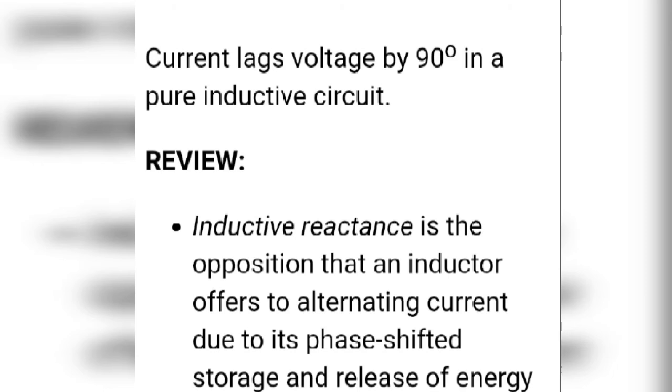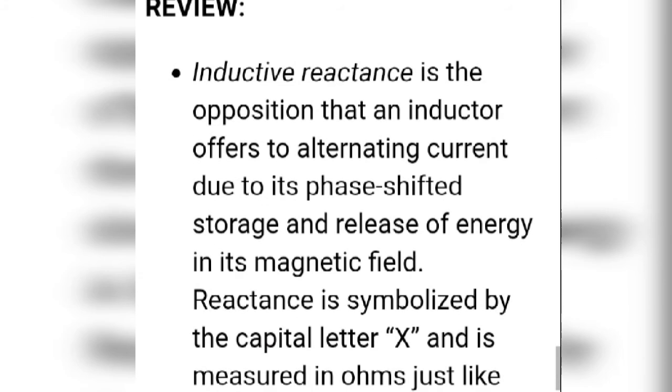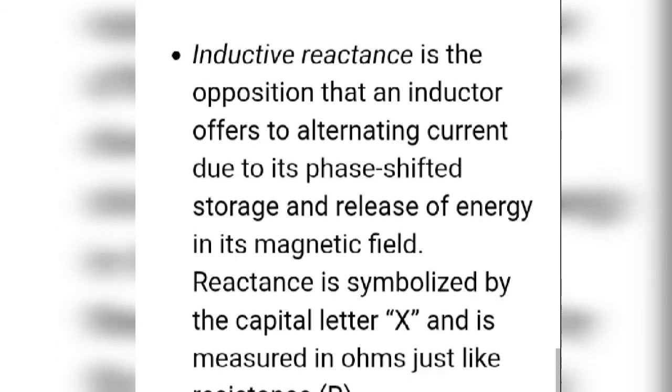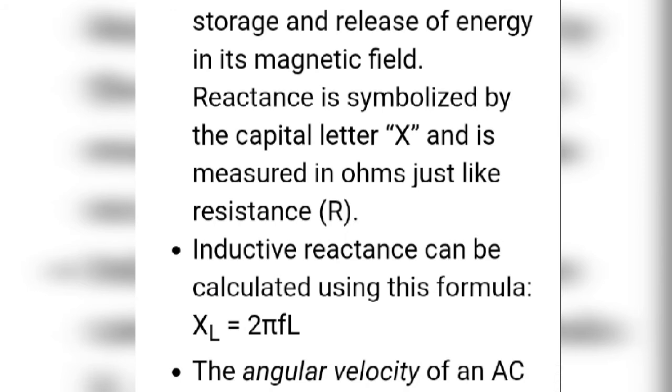Inductive reactance is the opposition that an inductor offers to alternating current due to its phase-shifted storage and release of energy in its magnetic field. Reactance is symbolized by a capital letter X and is measured in ohms, just like resistance R. Inductive reactance can be calculated using the formula XL = 2πfL = ωL.